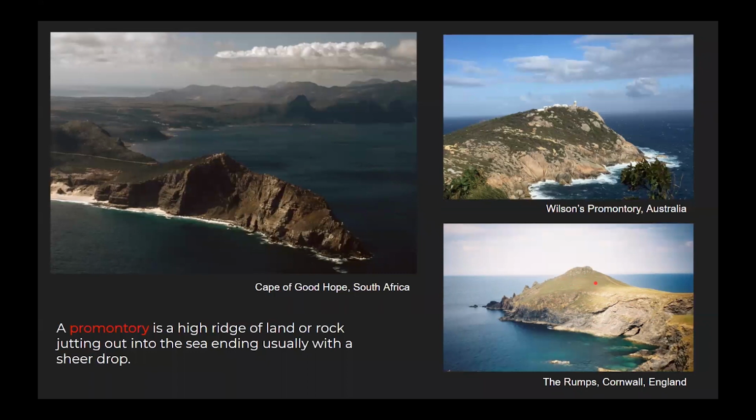And so again, they make great sites for you to put your fort and your castle because they're easily defended. And so I believe in England and Ireland and Scotland, you see lots of examples of forts on top of promontories like this. And then here we have Wilson's Promontory in Australia, and you can see here they've placed a lighthouse on top of this particular promontory.